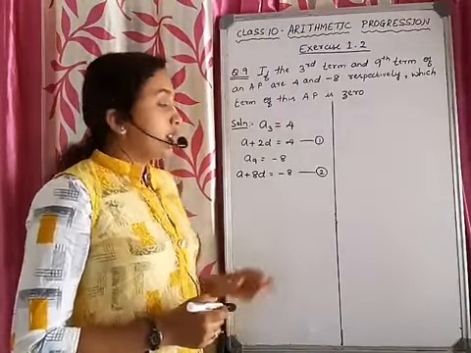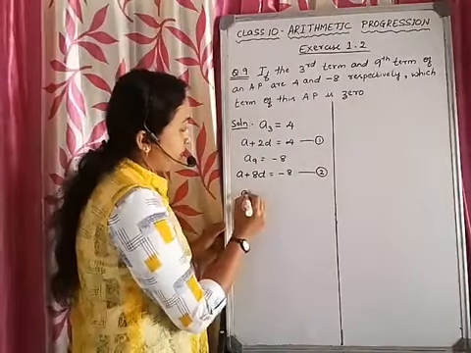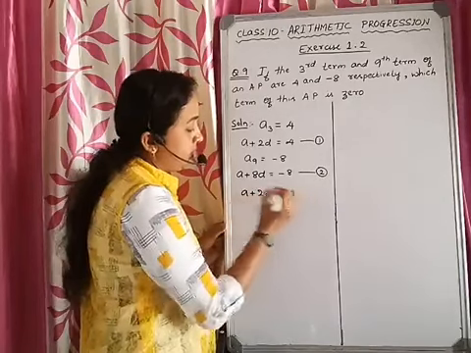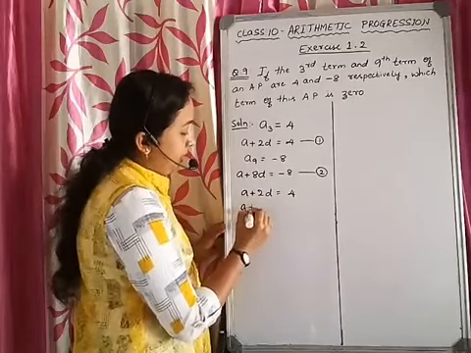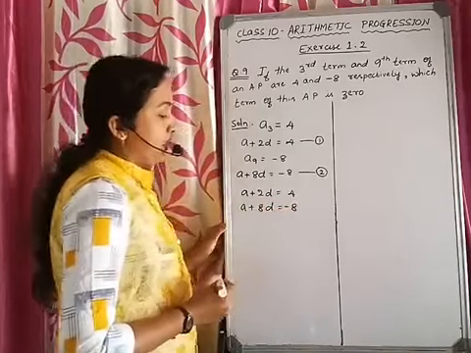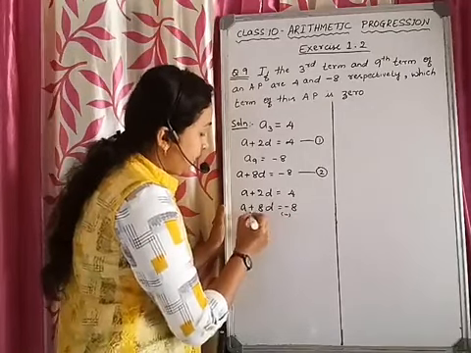Now, let us consider these two equations. A plus 2D is equal to 4. A plus 8D is equal to minus 8. So, firstly, change the sign.